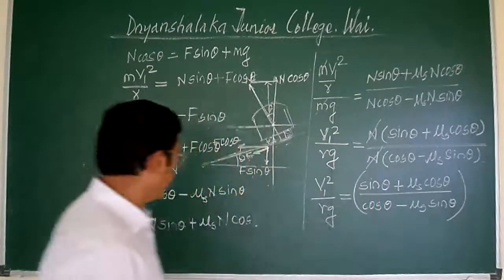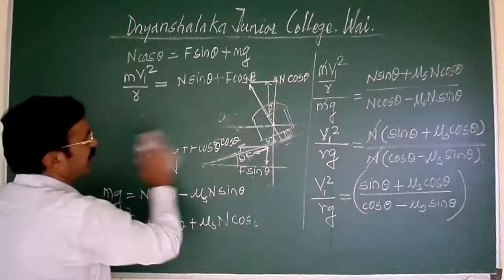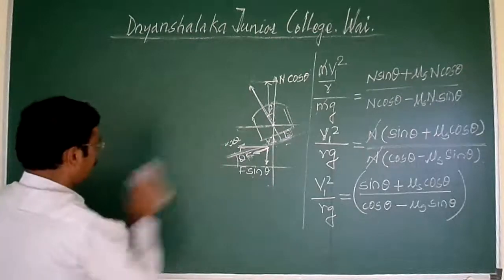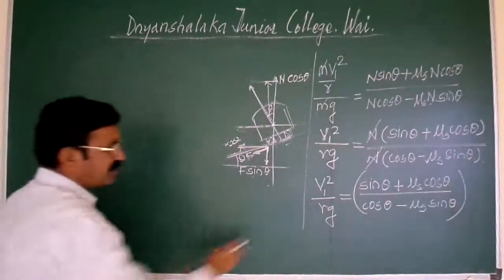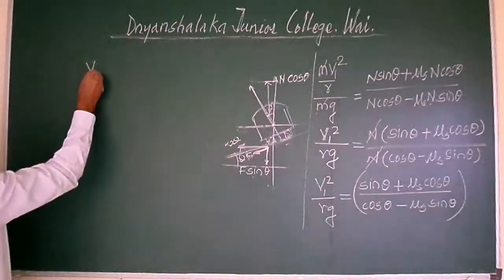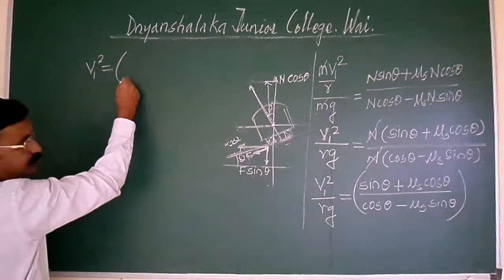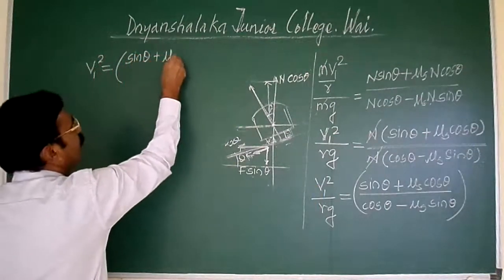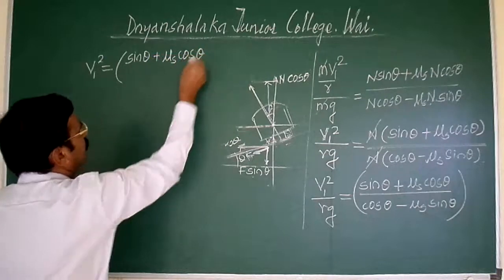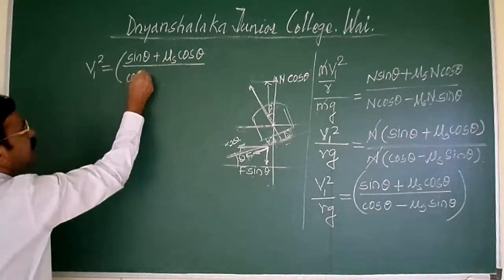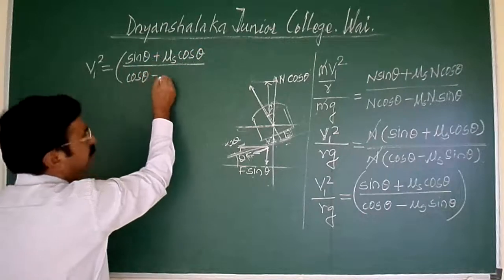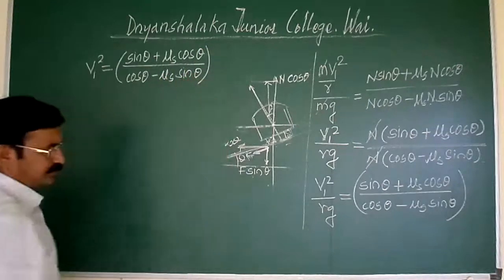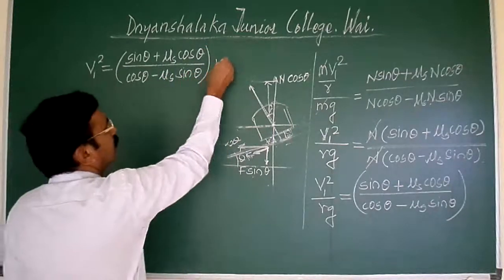So from this particular expression, we'll be able to write the relation for velocity as v1 square is equal to sin theta plus mu s cos theta upon cos theta minus mu s sin theta into rg.